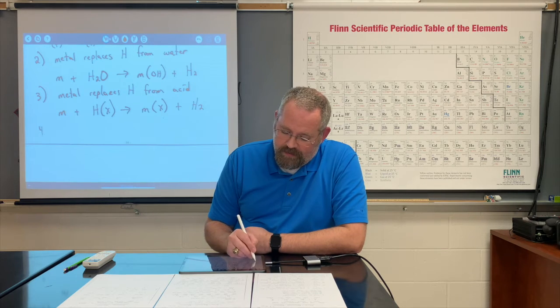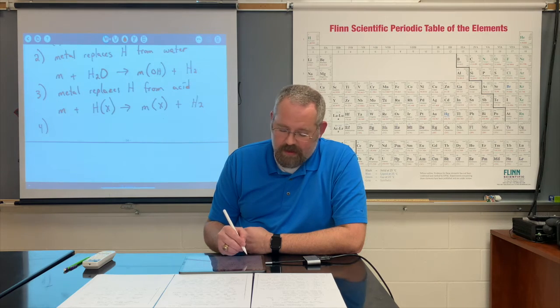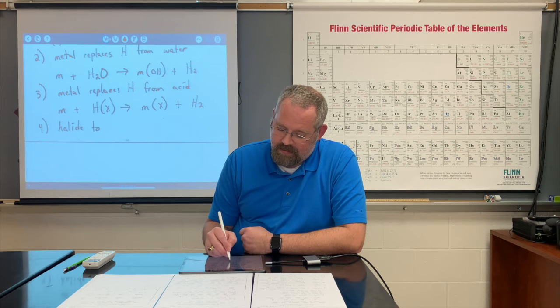Okay, and the fourth type we're going to talk about is the opposite of type 1, except it's the anions. This is going to be halogens. So I've got a halide to halide replacement.